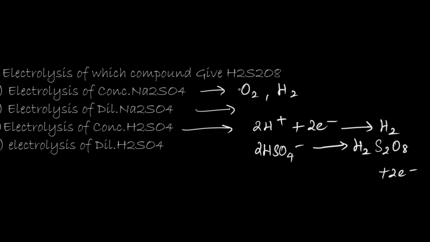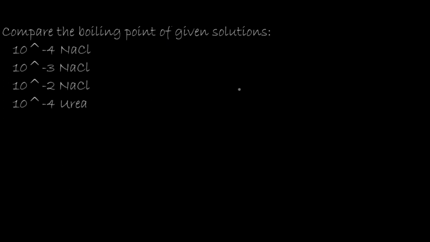So it forms peroxodisulfuric acid, that is none other than H2S2O8. So this becomes the right answer to this question. And talking about dilute H2SO4, it also produces O2 and H2 at the anode and cathode respectively. So the answer to this question is option C.